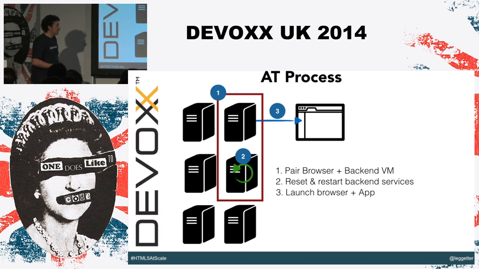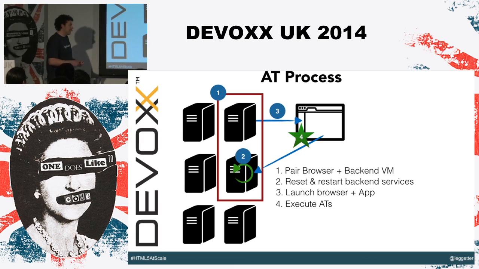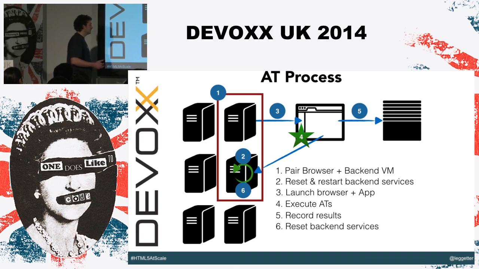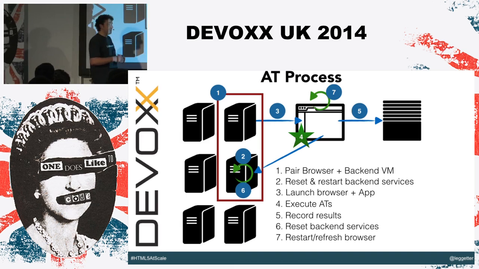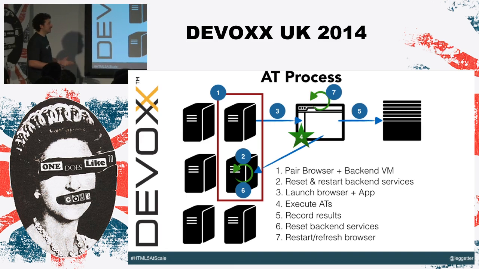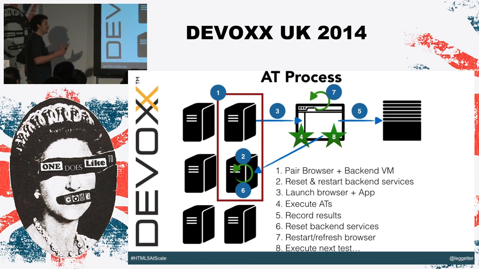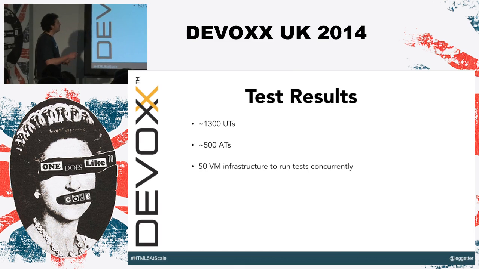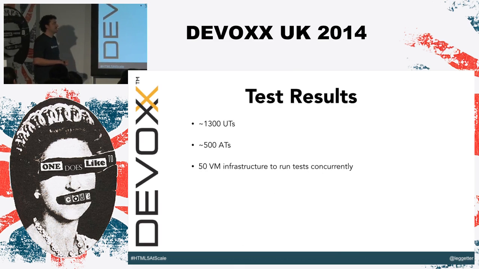We'd launch a new browser, which loads the application. We'd execute our tests, which would interact with the back end, save the results, reset the back-end services. We'd actually kill the browser, kill the process, open up a new one, launch the application, execute our tests again. So I think that kind of makes sense. It seems like we were doing the right thing. So we can ignore the unit tests, but we had around 500 acceptance tests around this application, Kaplan Trader.